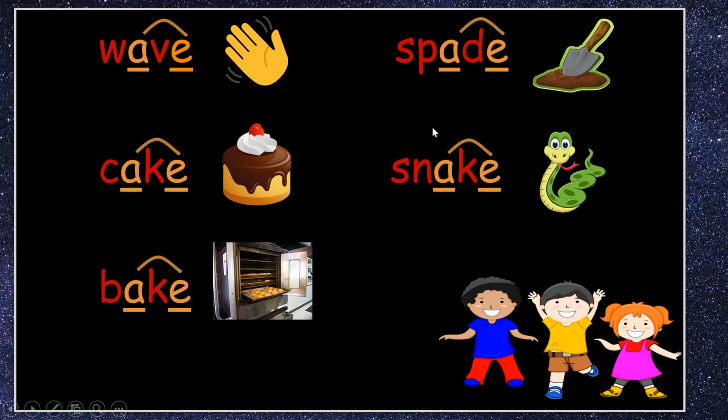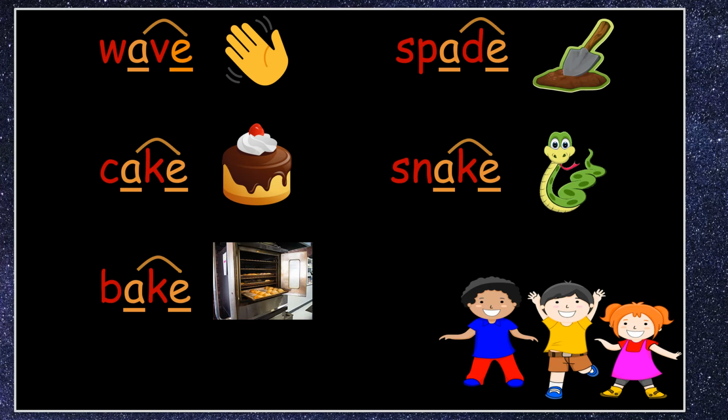Now the next word here is spade. Spade. Good. Now the next word here is this animal makes a hissing sound. So what animal is this? Snake. Snake. Well done, children.